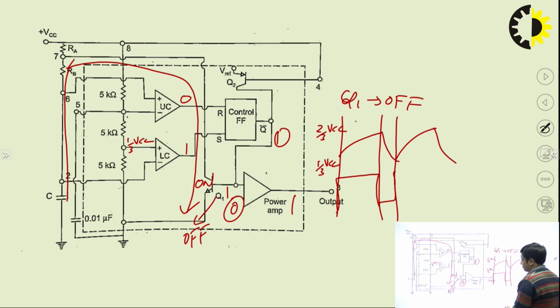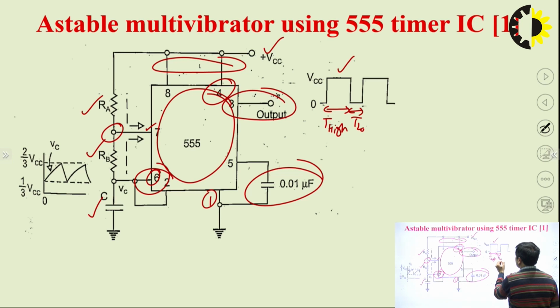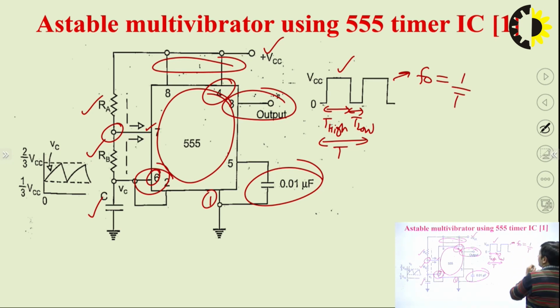Now, to understand it better, you can see that this is the output waveform of this astable multivibrator, and this one is T high and this one is T low. So we need to calculate the frequency of this pulse waveform, F0, and the total time will be T. So F0 will be equal to 1 by T, 1 upon time period.